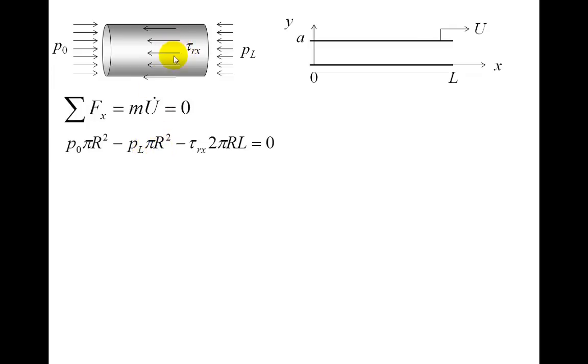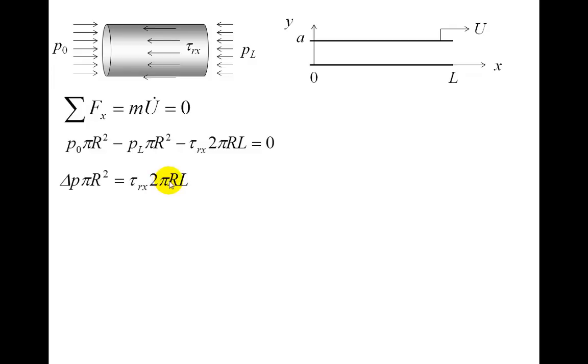Then we take the shear stress on the surface of the mass times that surface area, that's 2 pi times radius times length, and the sum of those is equal to 0. In terms of the flow problem that we've looked at, flow in the gap, we'll rewrite that: P0 minus PL is delta P, the pressure drop from this end to this end of the gap, so we've got delta P times pi r squared, and then we move the shear term to the other side, so that's equal to tau Rx times the lateral surface area, 2 pi r L.